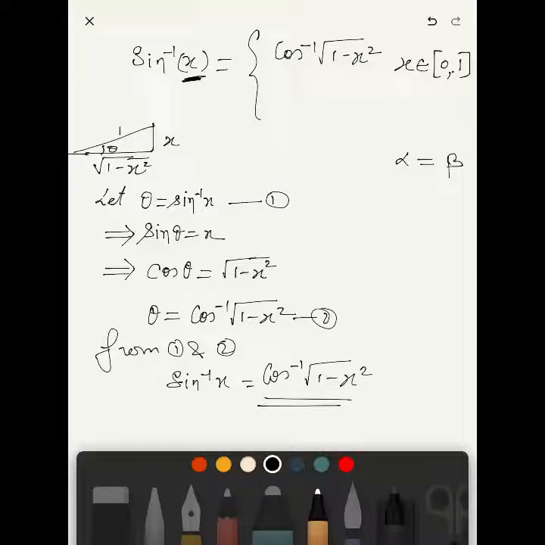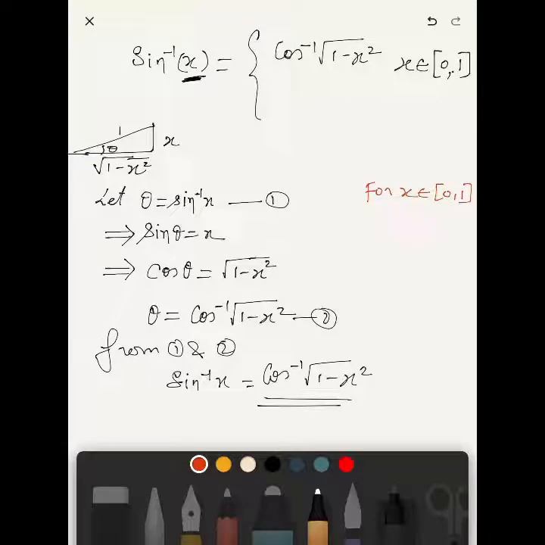But when you take negative input here, let me take orange ink and write it down. For x greater than, not exactly x greater than 0, it is x belongs to 0 to 1.